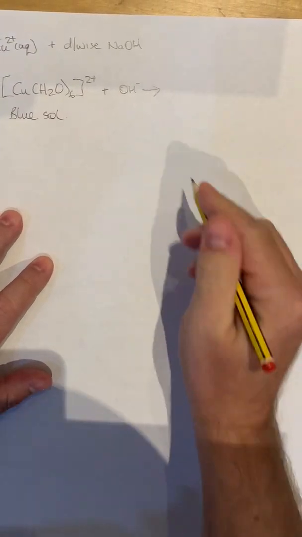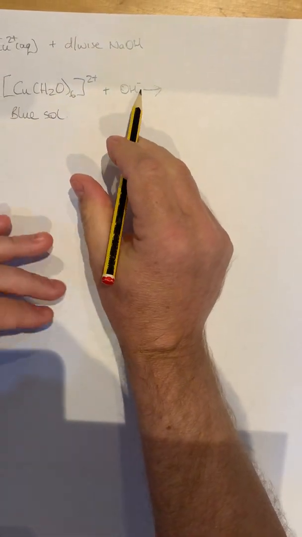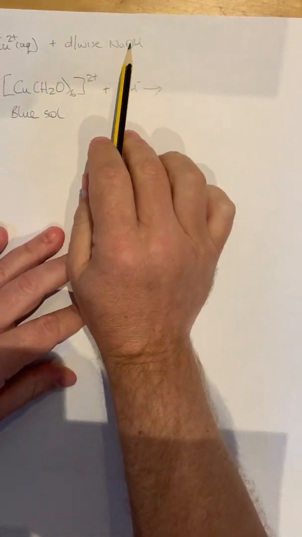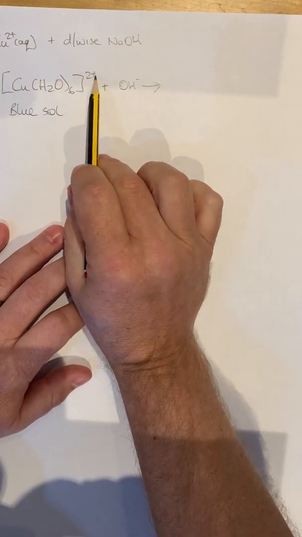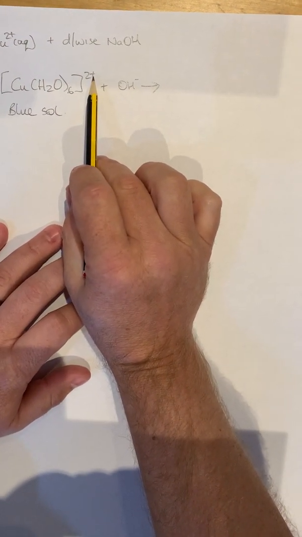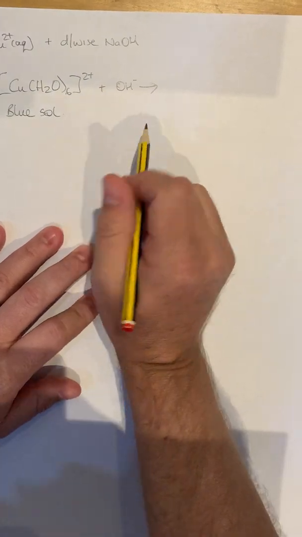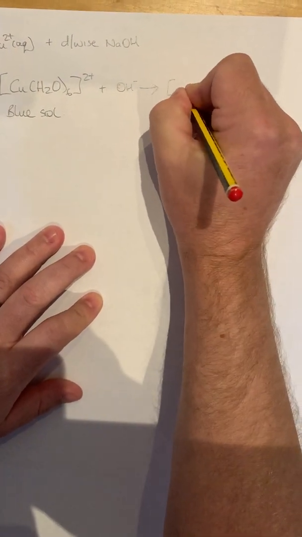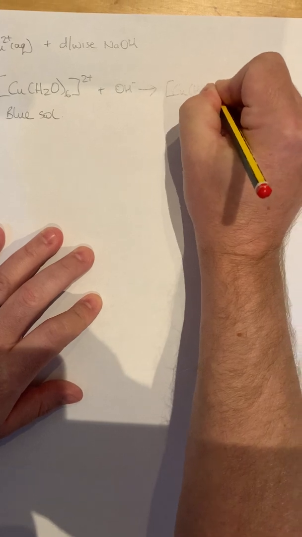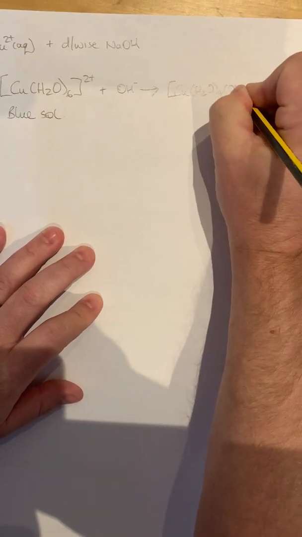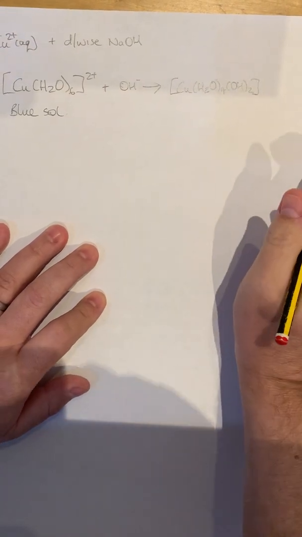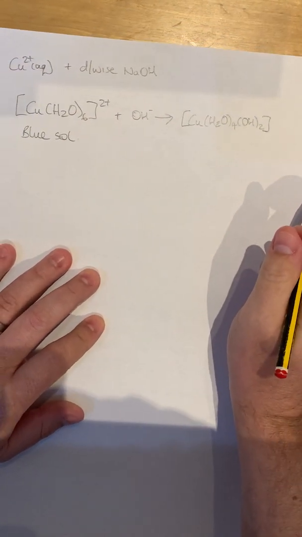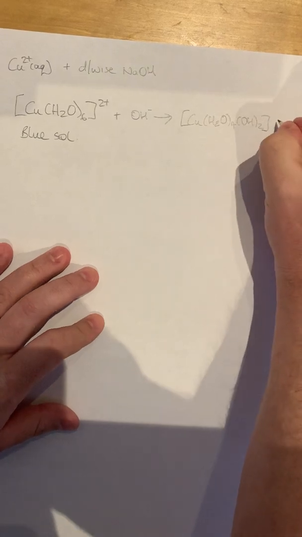And then it goes on to form, so this is where knowledge of the table comes in, copper with dropwise sodium hydroxide. Because it's a 2 plus metal ion, it always forms the 4 water 2 hydroxide precipitate. So it forms that, and it will also form H2O.